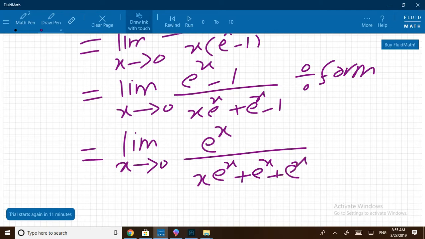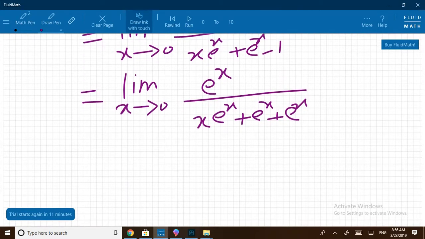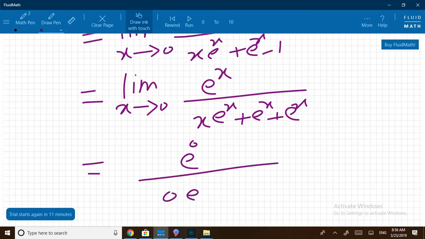Now I think this is not 0 divided by 0 form. So if we apply the limit, it will be e raised to the power 0 divided by 0 times e raised to the power 0 plus e raised to the power 0 plus e raised to the power 0.